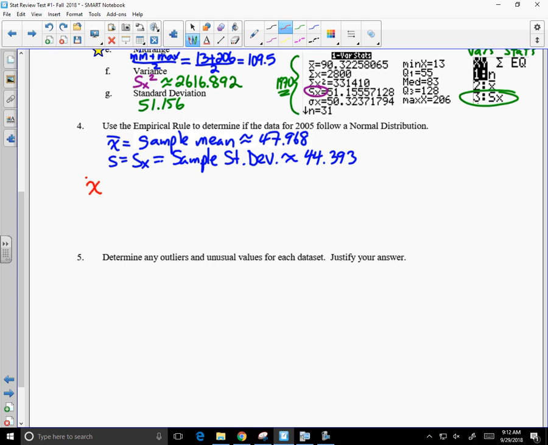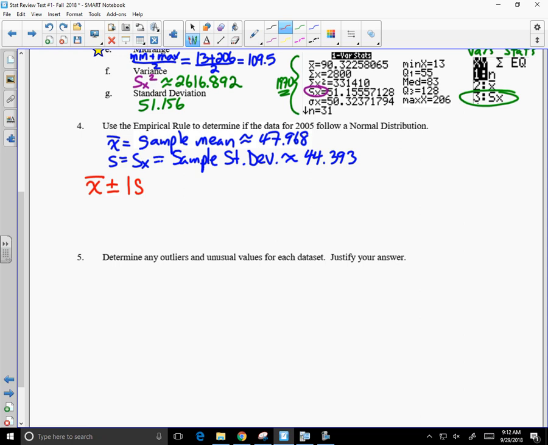X bar plus or minus 1s needs to capture approximately 68% of the data. We start with that one because if it fails that one, it's going to fail the other 2 conditions, which is good as a problem on a test from a student perspective because it means less work.